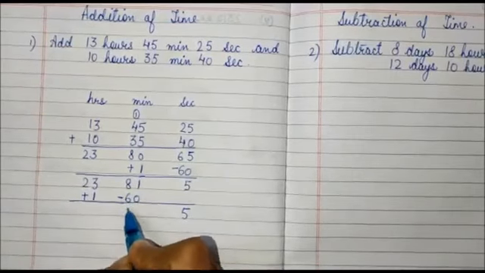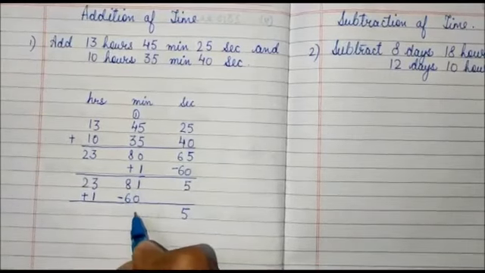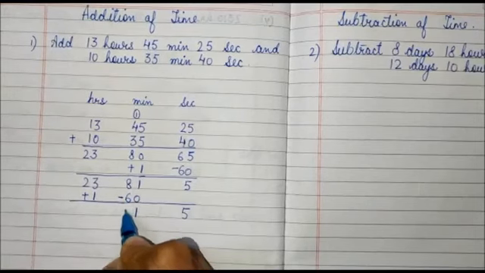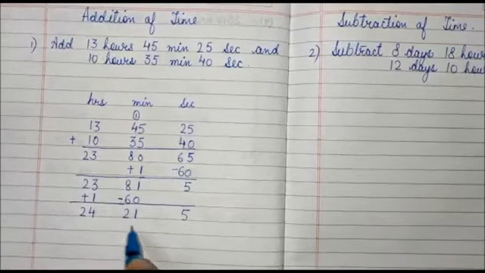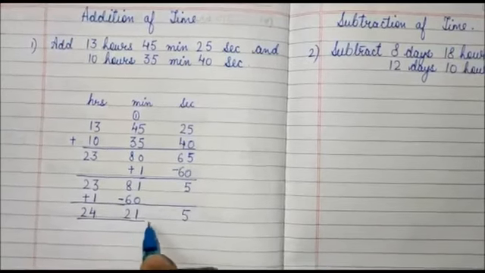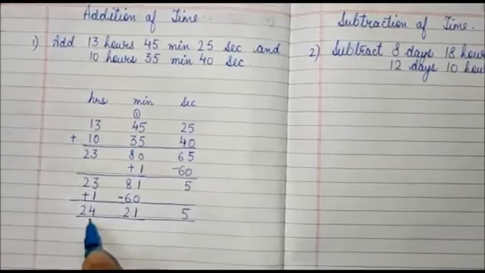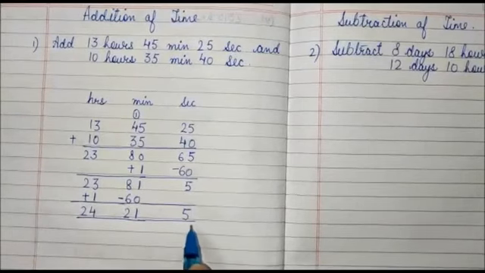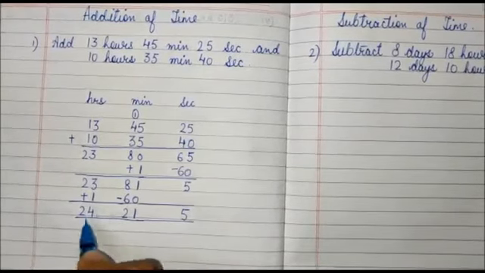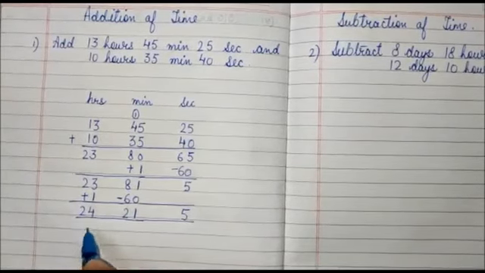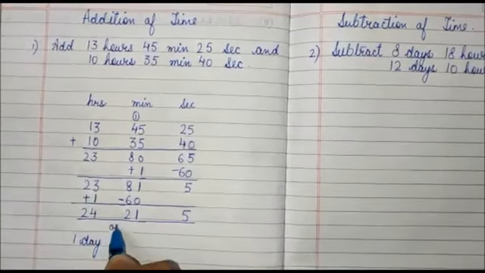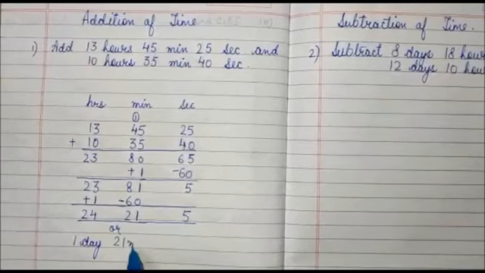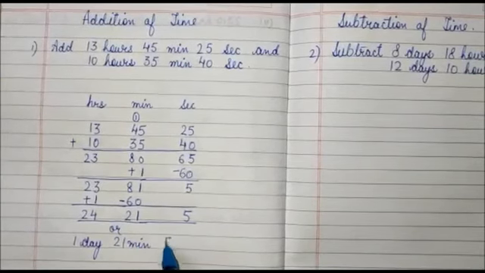After subtracting 60 from 81 minutes, I get 21 minutes, and this is 24 hours. So this is the final answer: 24 hours, 21 minutes and 5 seconds. And you can further write 24 hours as 1 day, 21 minutes and 5 seconds.